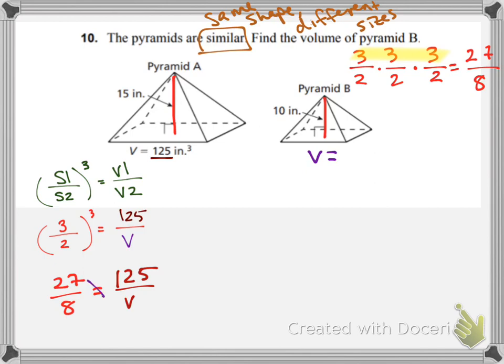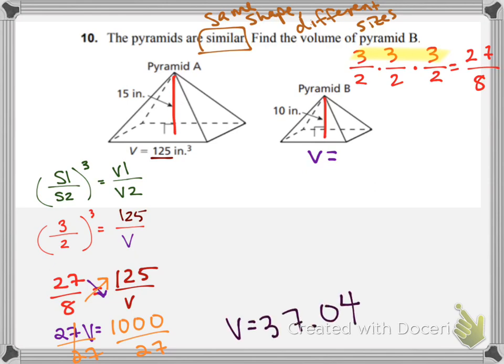Cross multiply. 27V equals 8 times 125, which is 1,000. Divide by 27. So our volume equals 37.04 inches cubed.